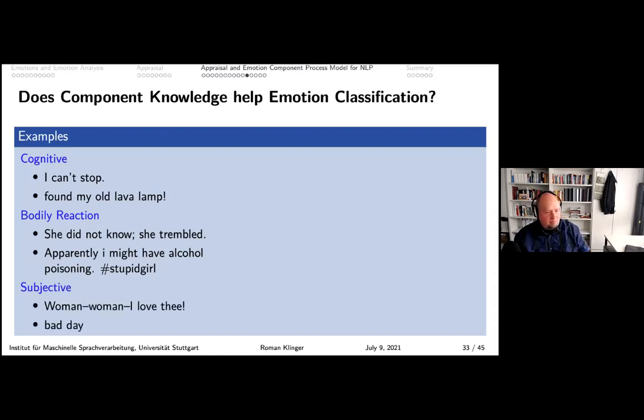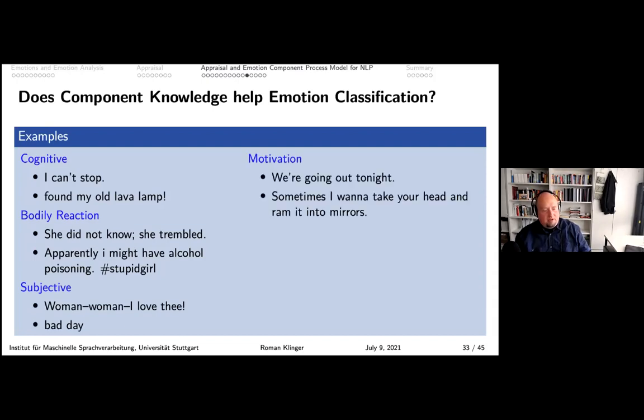Subjective reports are, for instance, "woman, I love thee," or "bad day." Descriptions of motivational tendencies are "we are going out tonight," or a very clear communication of emotions, sometimes, "I want to take your head and ram it into mirrors."